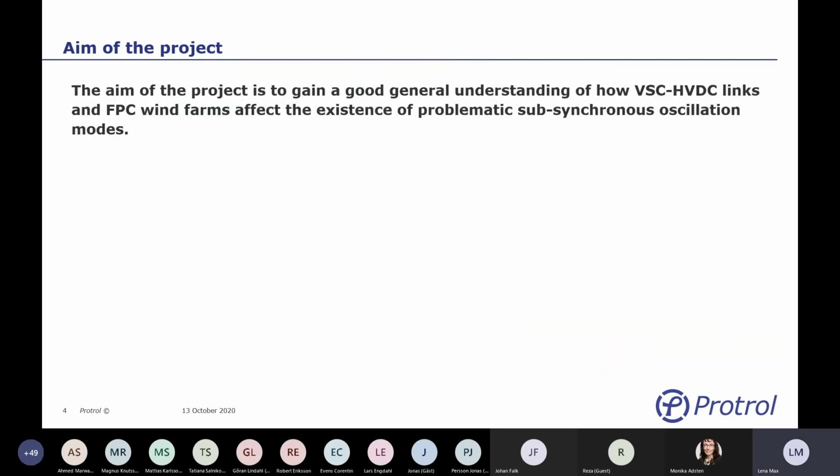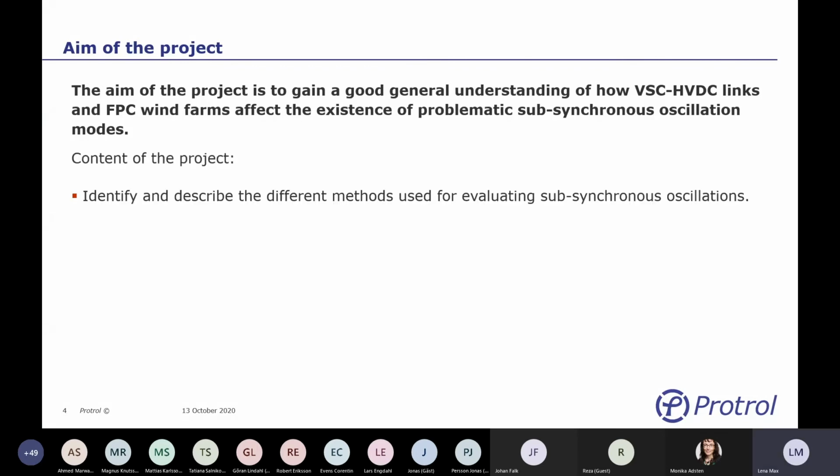The aim of the project is to gain a good understanding of how voltage source converters, for example HVDC links and full power converter wind farms, can affect the existence of problematic subsynchronous oscillations. To do this, we first look at which different methods can be used to evaluate the risk of these kinds of oscillations.